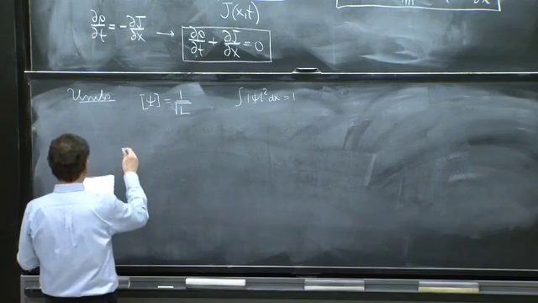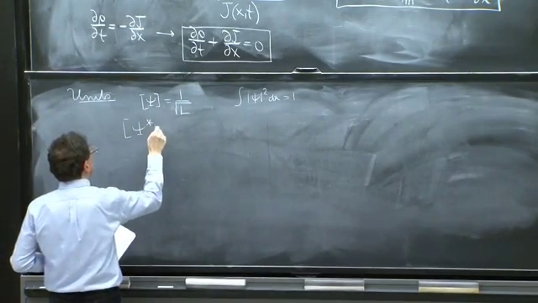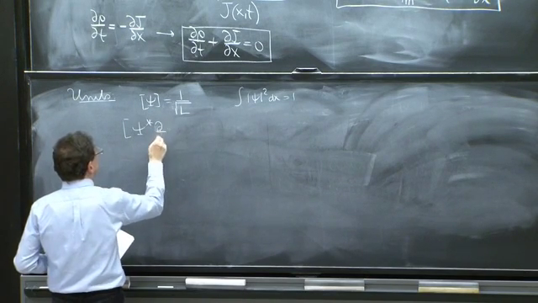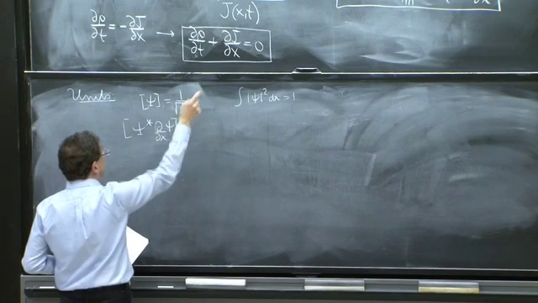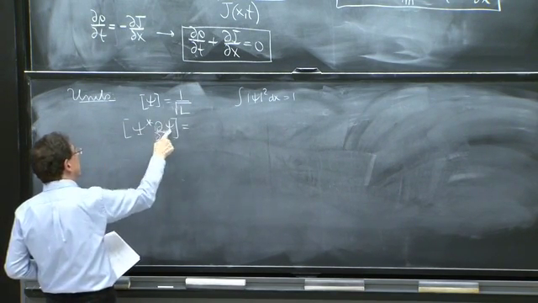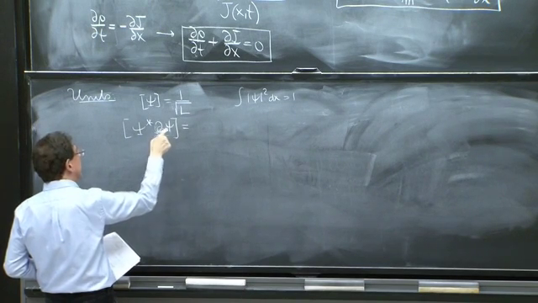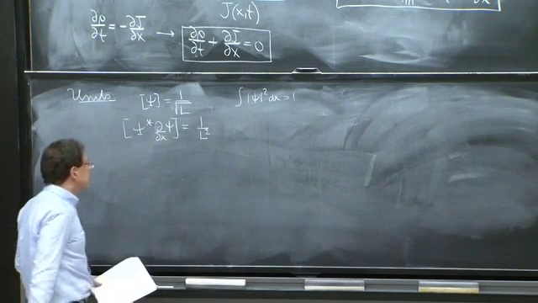And what are therefore the units of psi star d dx psi, which is part of the current formula? Well, 1 over square root of length times 1 over square root of length is 1 over length, and another 1 over length is 1 over length squared.